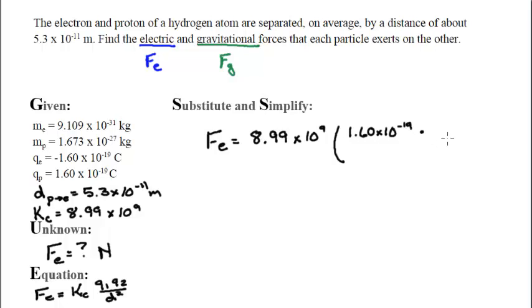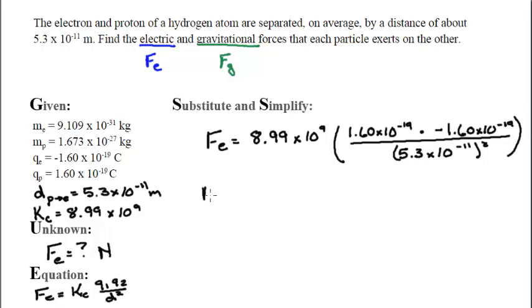I'm going to multiply that by negative 1.60 times 10 to the negative 19. That's the charge of an electron. All of that quantity over the distance, which is 5.3 times 10 to the negative 11, but that quantity is going to be squared.